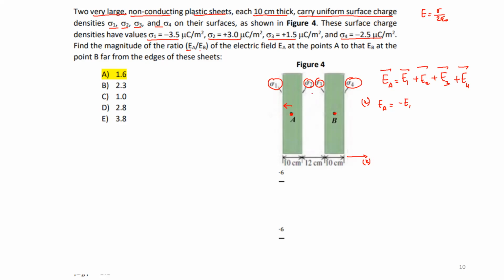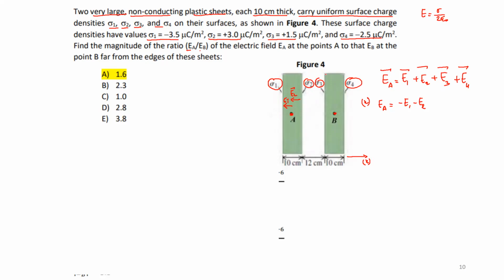E2 is positive, right? So since it's positive, that means E2 will be pointing away. So minus E2 as well. E3 at A, I'm talking about at A, okay?